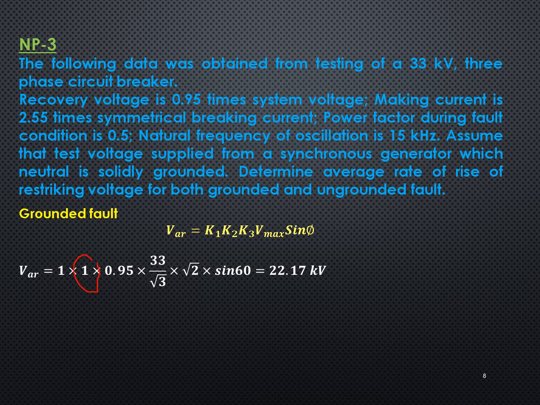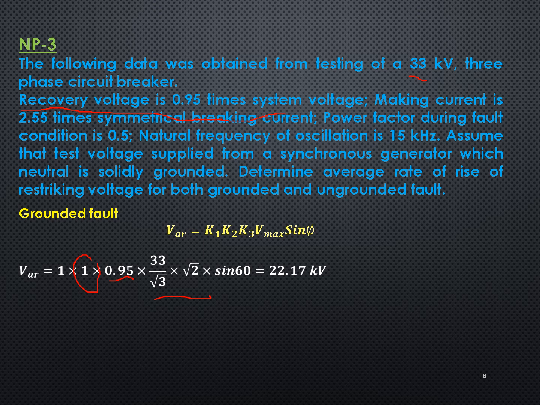Since the recovery voltage is 0.95 times the system voltage, K3 is 0.95, and Vmax is 33 by root 3 into root 2.